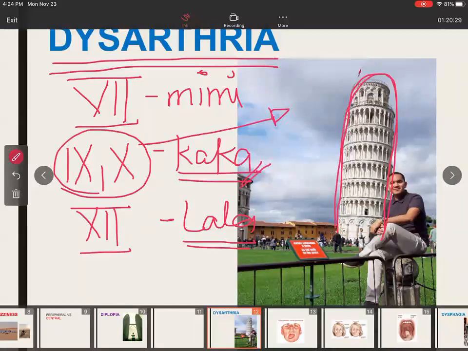Or with la la la la, the tongue is deviated also. Those are quick tests that you can do in order to localize where the lesion is. Do you get that?